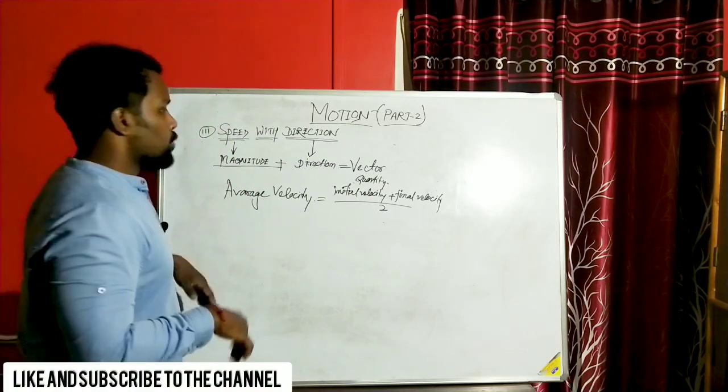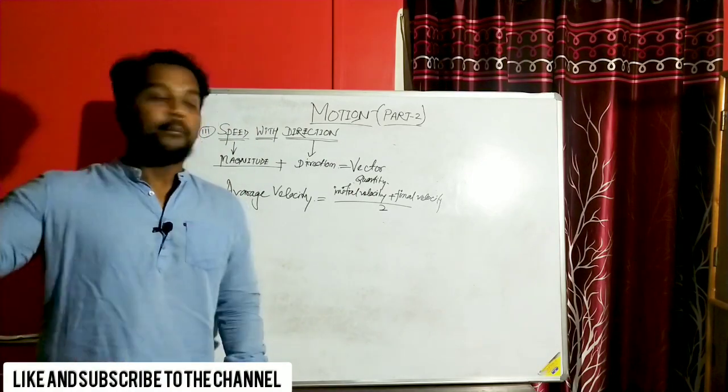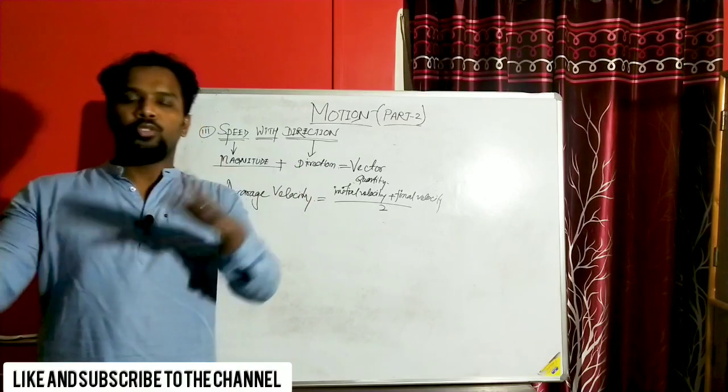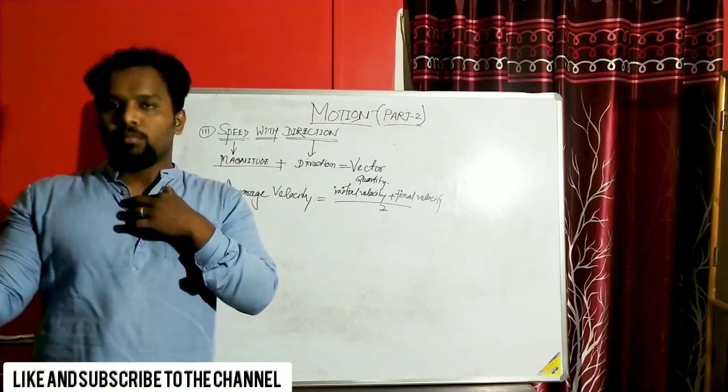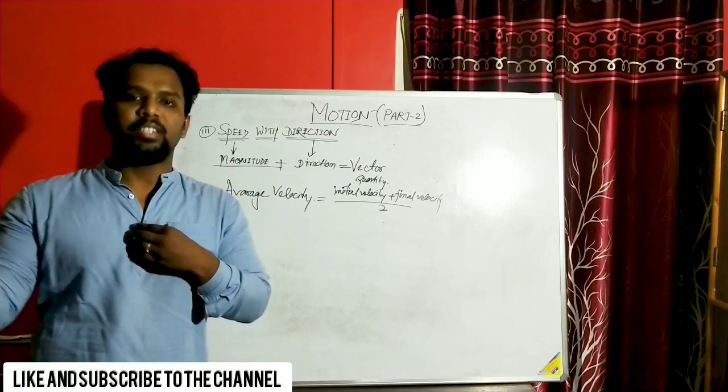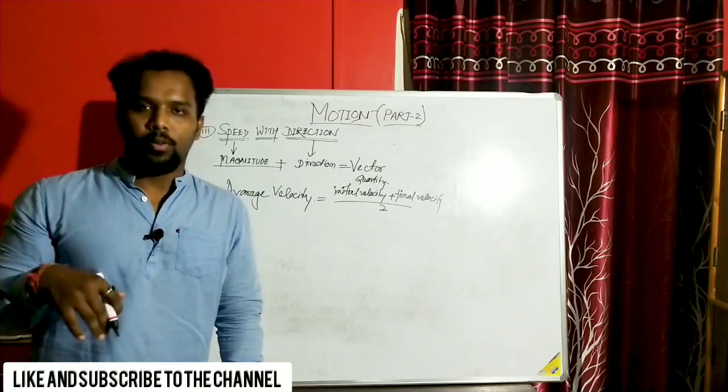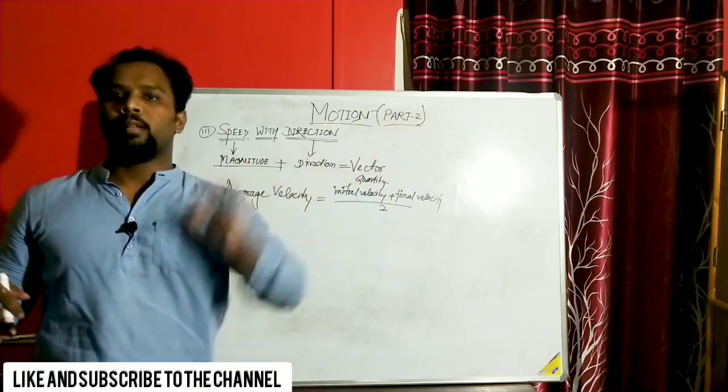That means, for example, if one car is moving from one position to the other, and starts its journey with a speed of 20 km per hour and ends its journey at 40 km per hour.